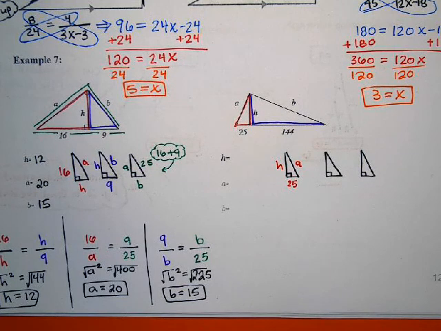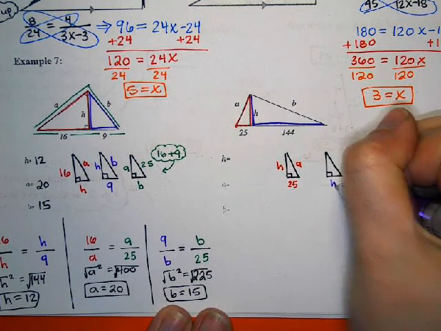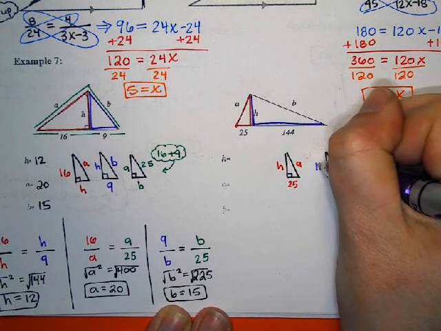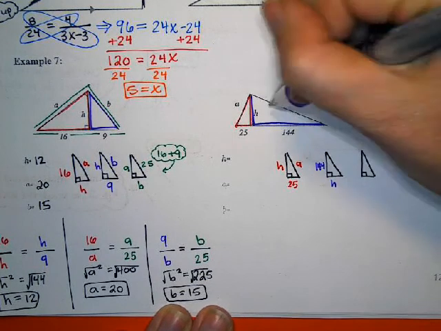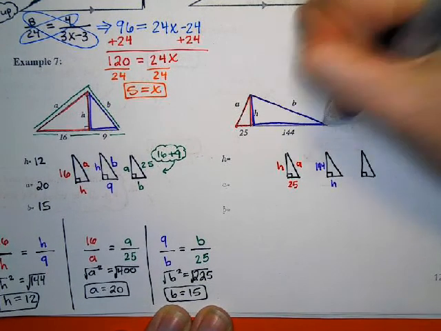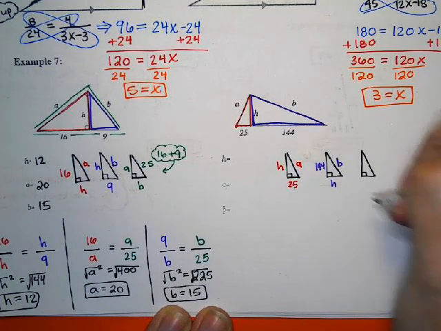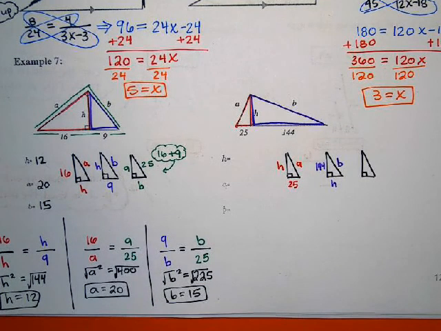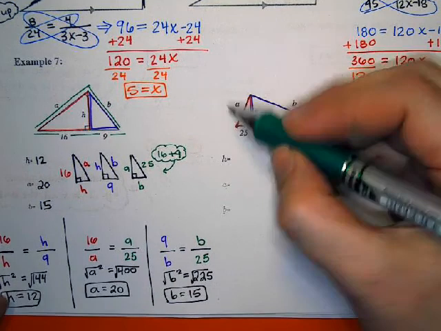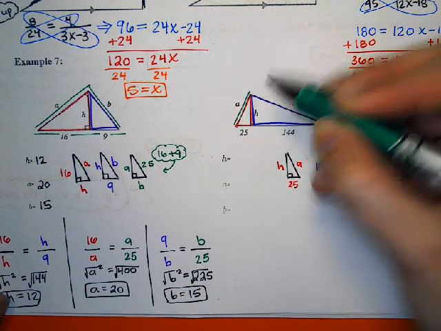Which one's shorter? H is shorter. 144 is the long leg, and the diagonal is B.